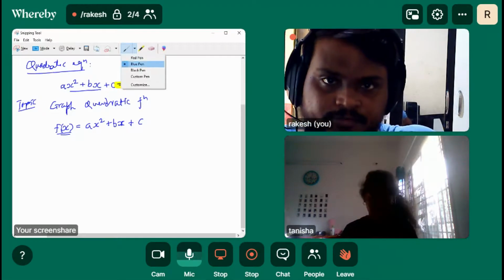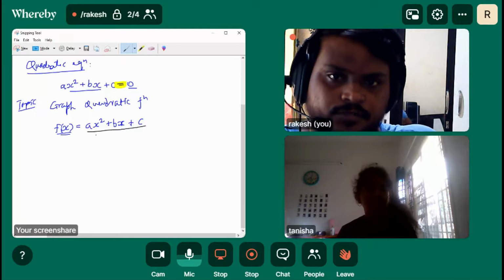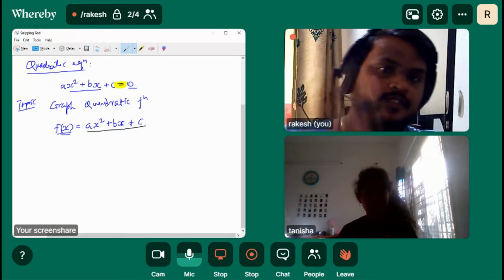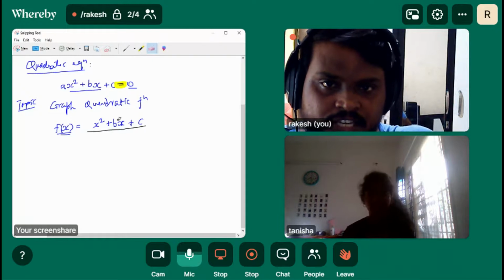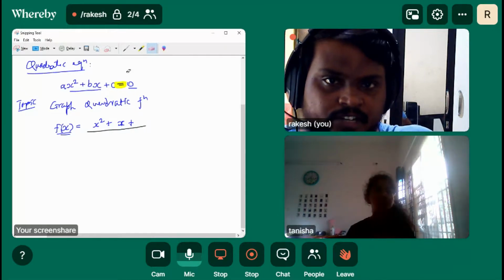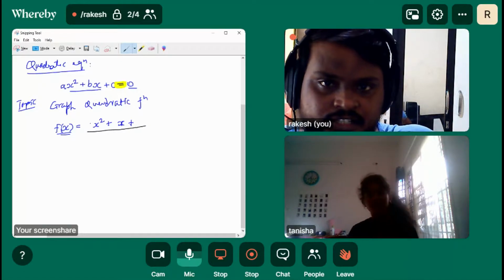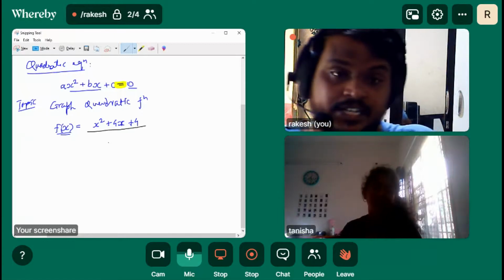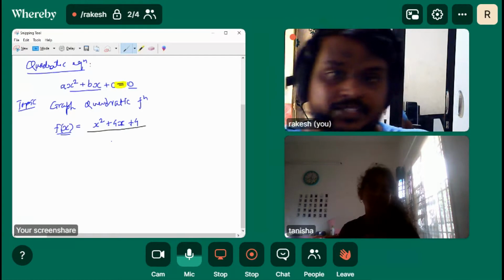This is your function in terms of x. So for your better understanding, I replace a, b and c with some real constants, let's say 1, 4, 4.